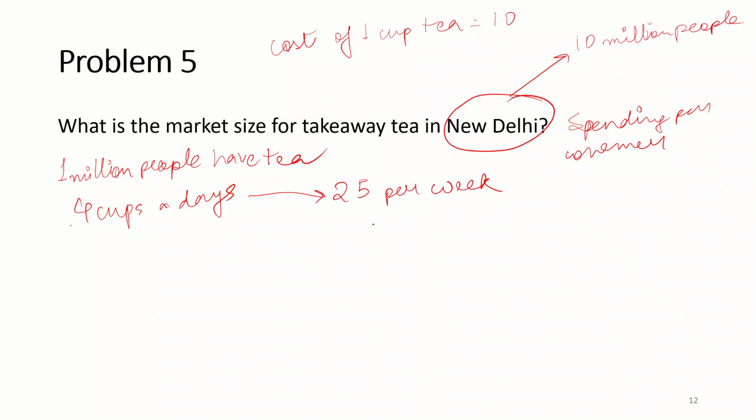And each year is 50 weeks, so per year 25 into 50. One: 52 weeks. The approximation thing is you go with round numbers. No issue.